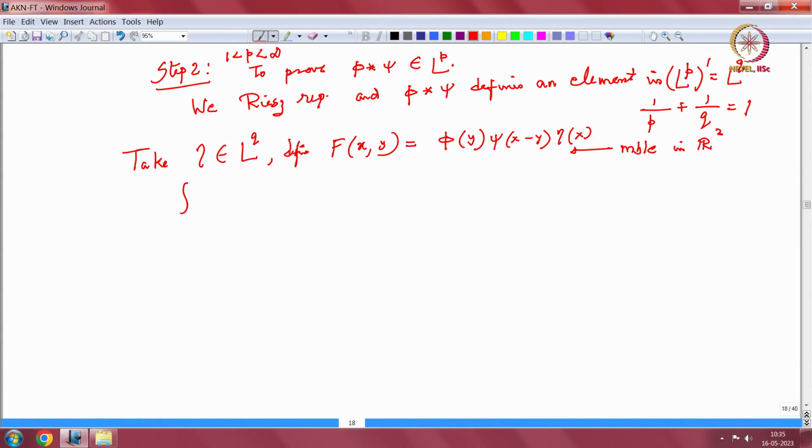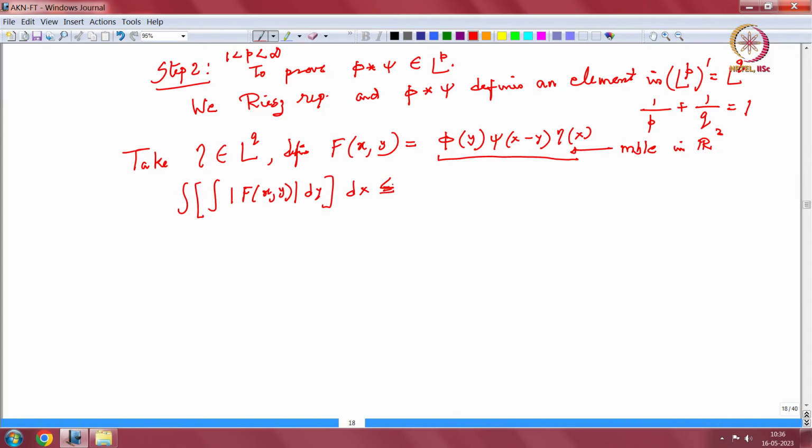So, we will compute the double integral of the modulus of this. We can always do that once it is measurable, for non-negative functions. This will be dy and this will be dx. So, there are 3 terms here, first dy and then dx. You apply Fubini etc., and then you estimate.